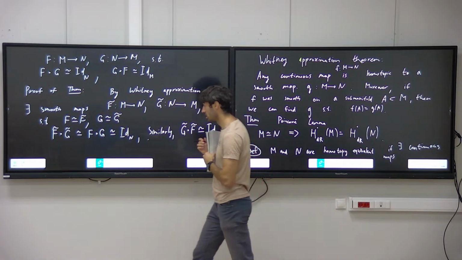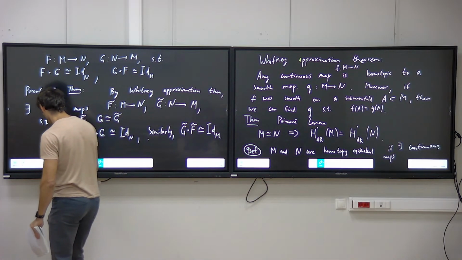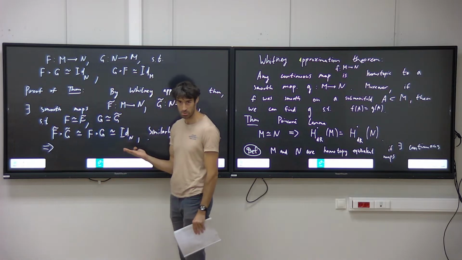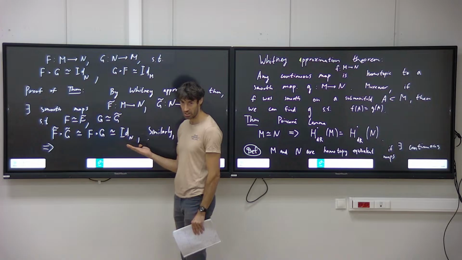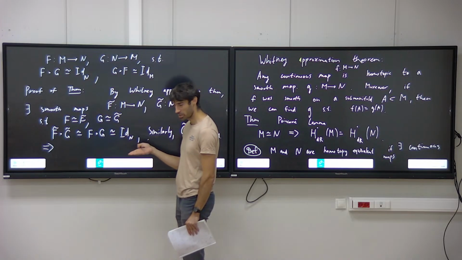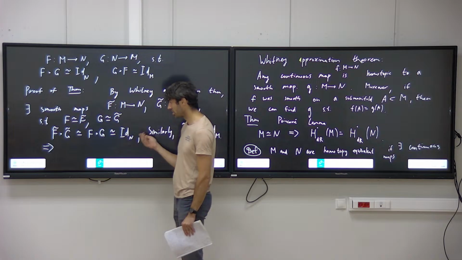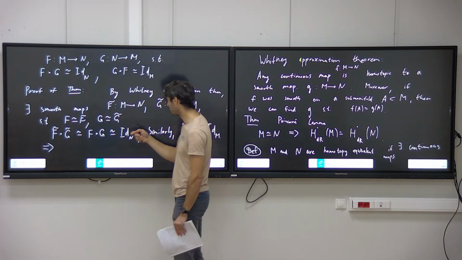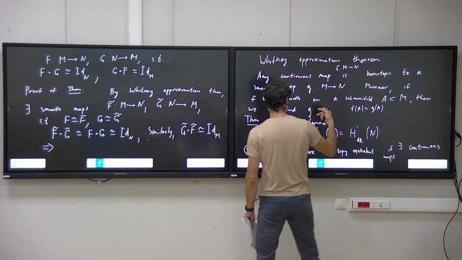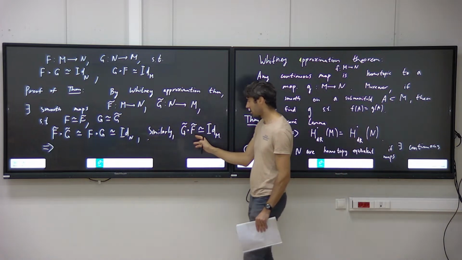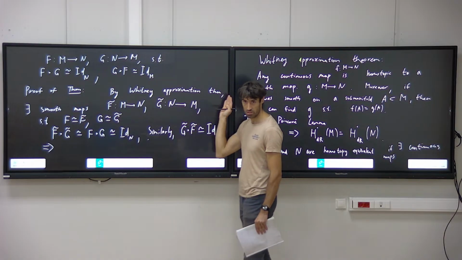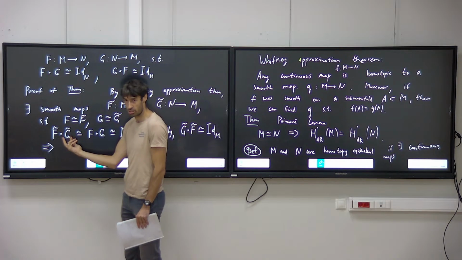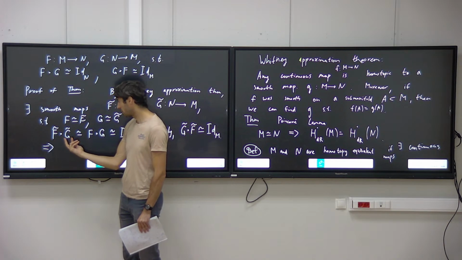but again, I can now apply the Whitney approximation theorem again. So the homotopy itself is a continuous map, right? And I can consider a smooth map which is homotopic to the homotopy, and which coincides, which is already smooth at the points of the interval. Right, so I have a homotopy between F tilde and G tilde, they're already smooth, right?